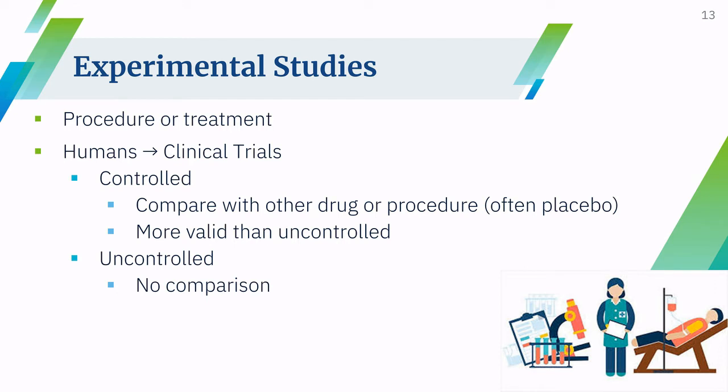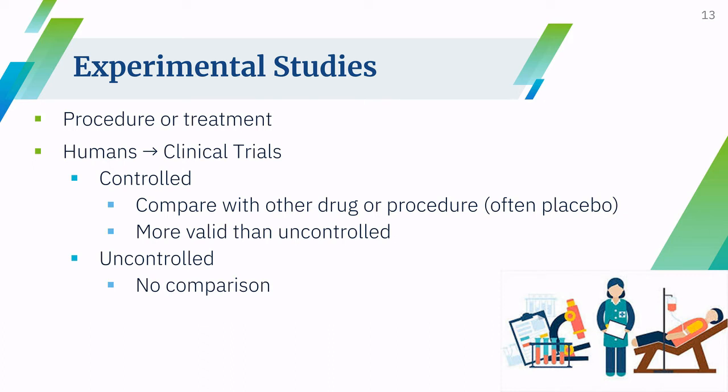Experimental studies in medicine that involve humans are called clinical trials because their purpose is to draw conclusions about a particular procedure or treatment. We have previously seen that clinical trials fall into 2 categories, those with and those without controls.